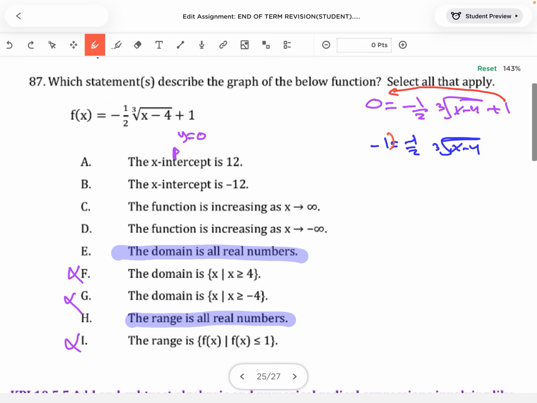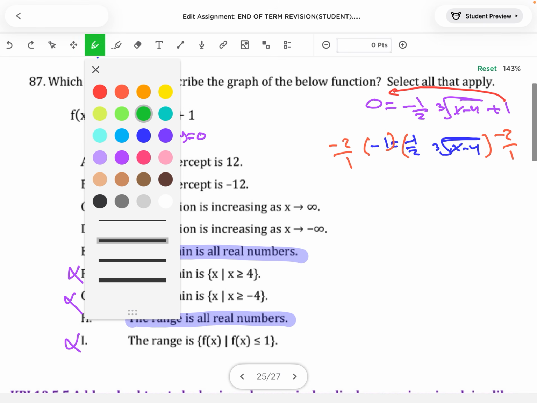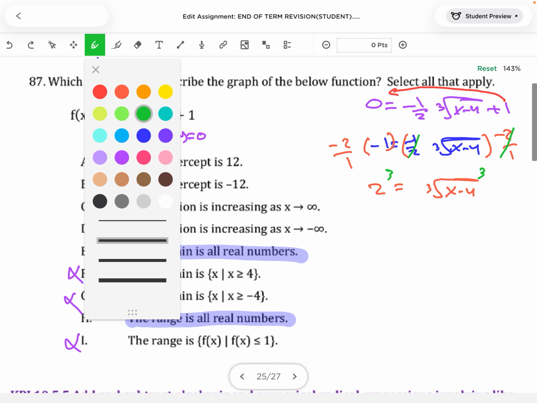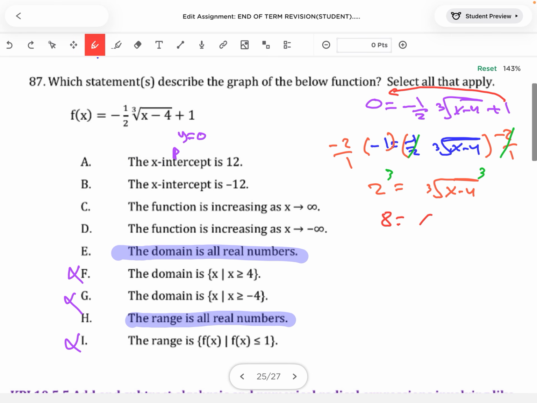I will multiply by negative 2 over 1, which is the reciprocal of this fraction. Why? Because negative 2 over 1 and negative 1 over 2 will cancel each other. 2 equals the third root of x minus 4, power 3 both sides. So 8 will be x minus 4, send it, x equals 12.